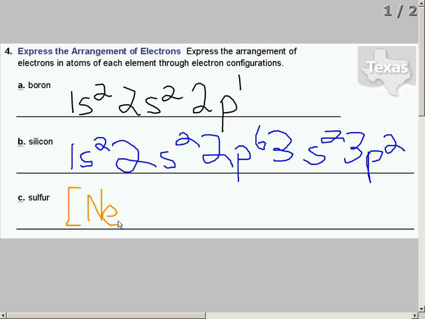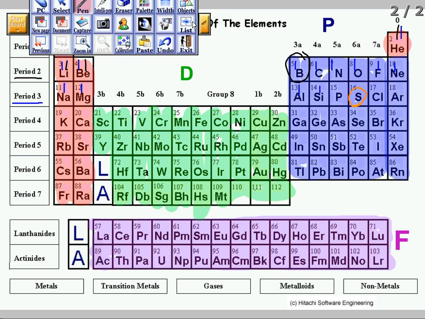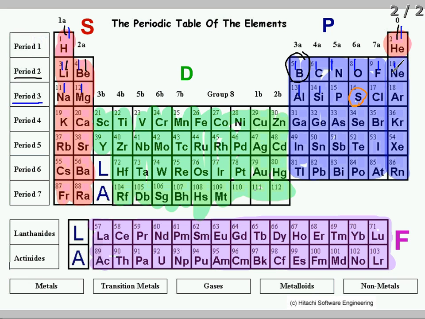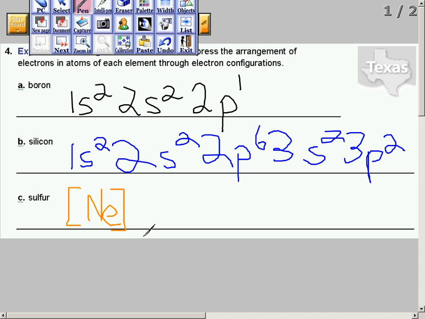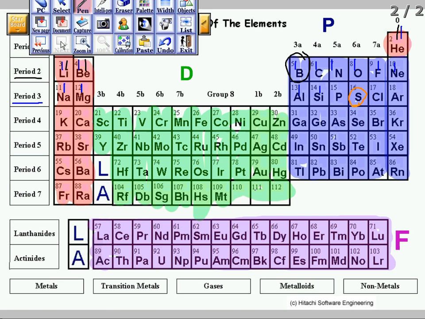Let's assume, since sulfur is past neon, it has every orbital up to neon completely filled. Now we go here and we start at period 3, so we do 3s1, and then we go to the next one, 3s2.